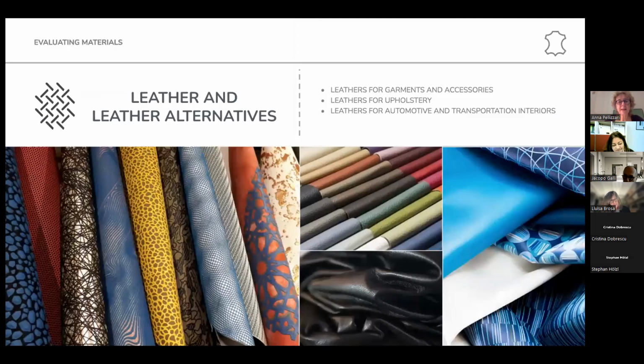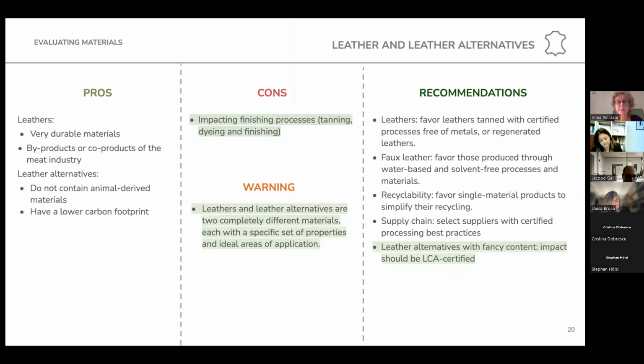Last, leather and leather alternatives, which are very broadly used. Again, this is also a very broad area. So leather is one thing, leather alternatives are other things. They are using the same things, more or less. So they should not be considered as alternatives, but as two different types of materials.